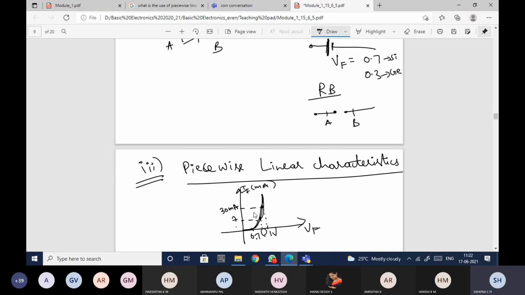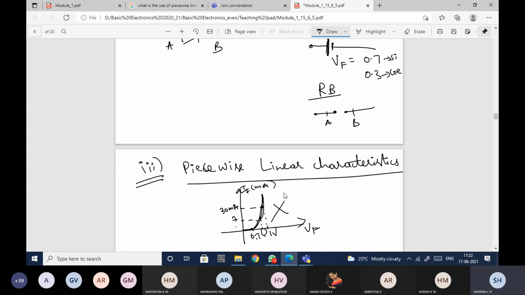Sometimes even this forward characteristics won't be available. In that case, you have to construct the characteristics. To construct them, he'll give you some parameters. What parameters, and how we are going to construct, I'll explain in steps.